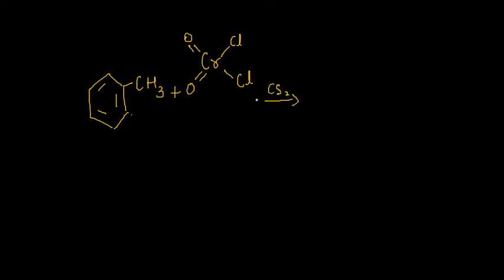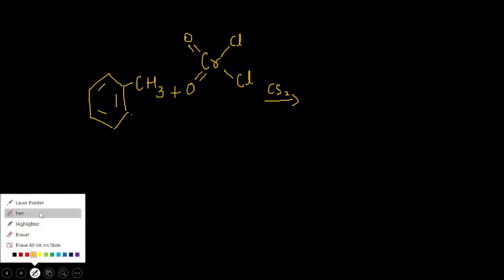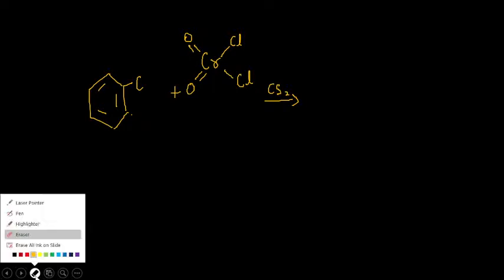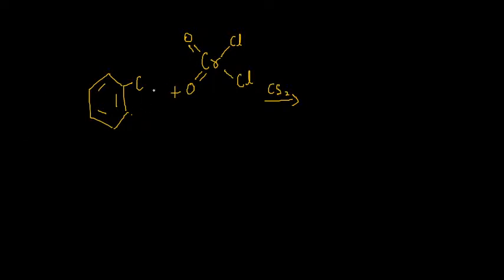Here what happens, students, is homolytic cleavage. Okay, I will split this CH3 and draw it. This is for your understanding of the mechanism. CH with 2 more hydrogens, I draw like this. Now, homolytic cleavage happens between the chromium and oxygen. What is homolytic cleavage? Equal distribution of electrons.